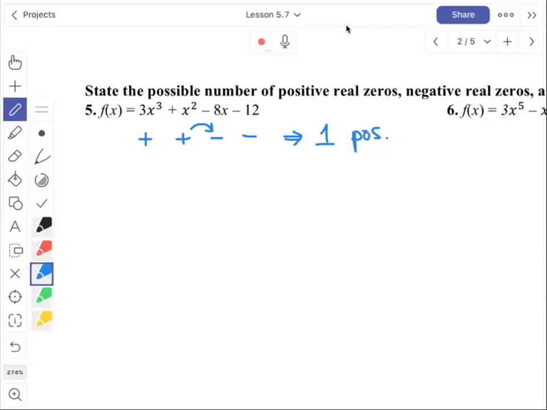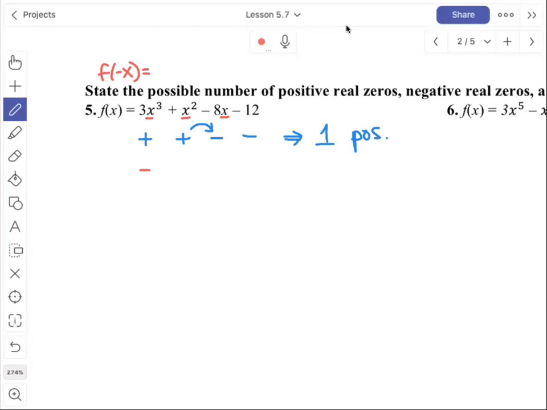Let's try it with f of negative x. Imagine plugging in negative x into these x's. You don't really have to show work for this. When you plug in negative x, that cube would stay negative.